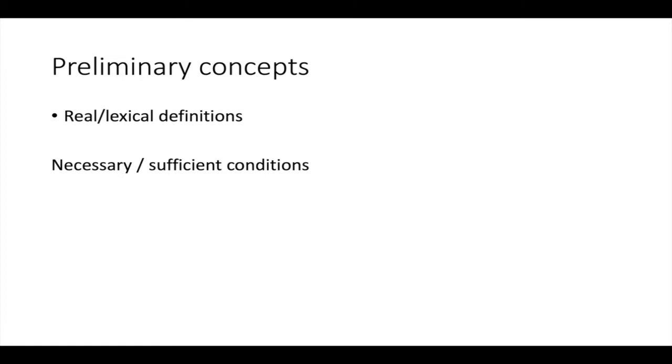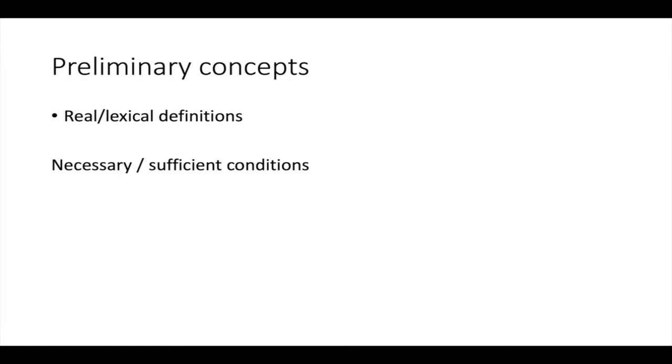So when you give necessary and sufficient conditions, if you give a necessary condition, you're saying something that has to hold true in order to count as the thing that you're giving the necessary condition for. So, for example, in order to be a dog, it's necessary that you are an animal, right?